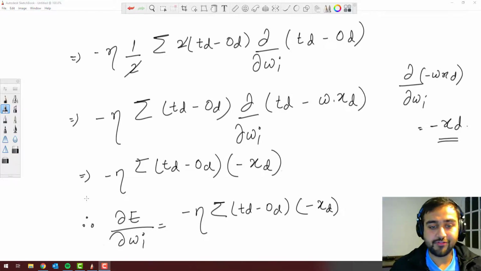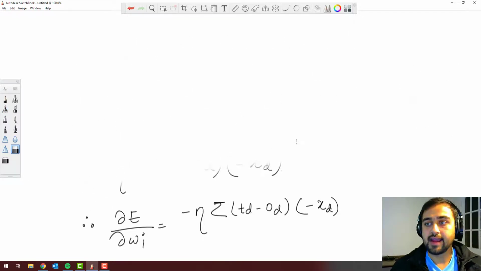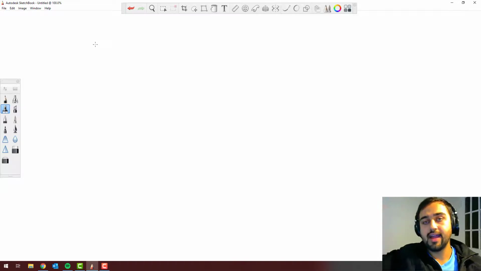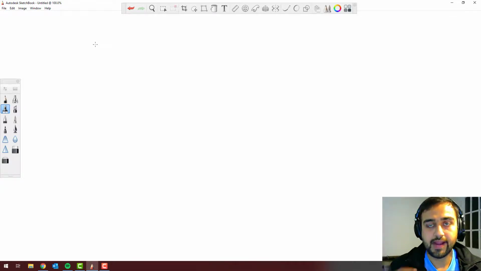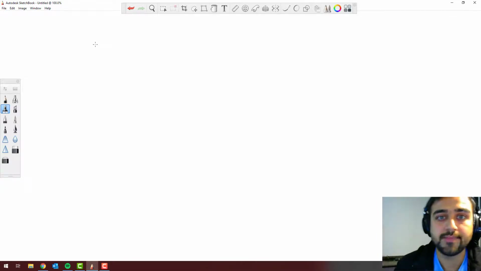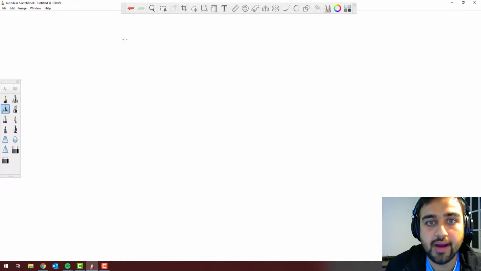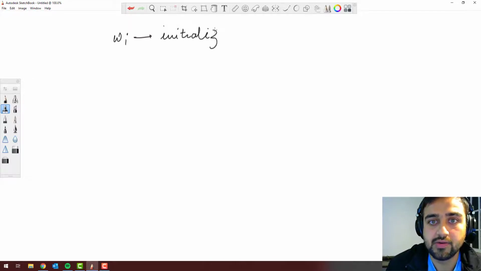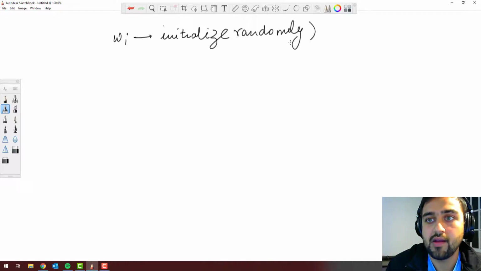So how does this calculation of dE by dWi help us in getting the steepest decrease, and how do we get our error to reduce to the global minimum? In order to do that, we initialize each Wi to some random values.